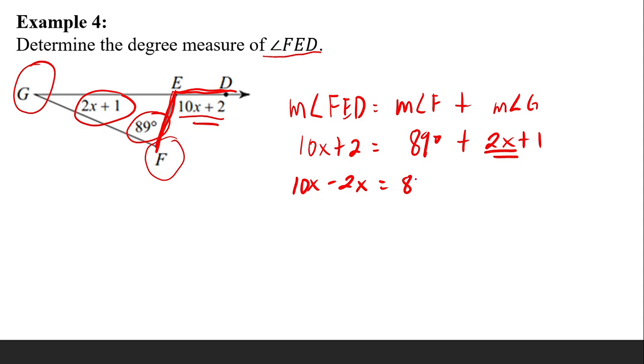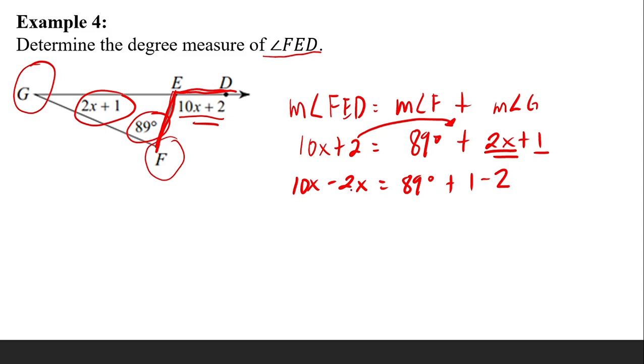Retain 89 degrees plus 1. And then we have positive 2, which transposes to the right side, and it will become negative 2.